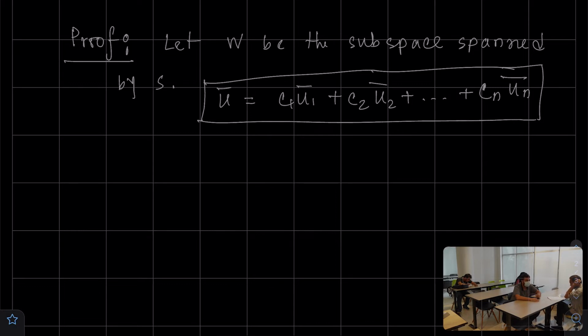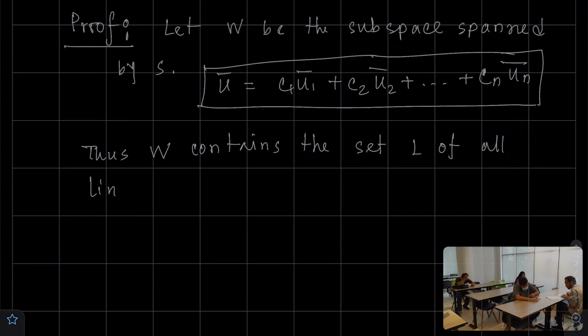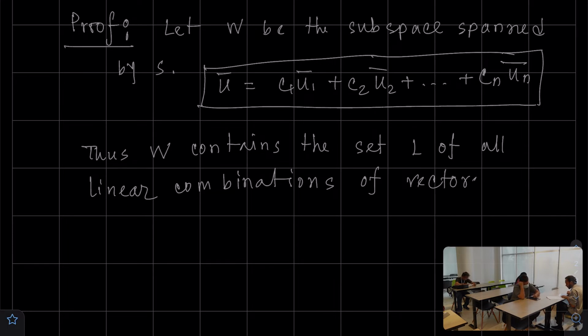Okay. Thus W contains the set L of all linear combinations of vectors in S, right?